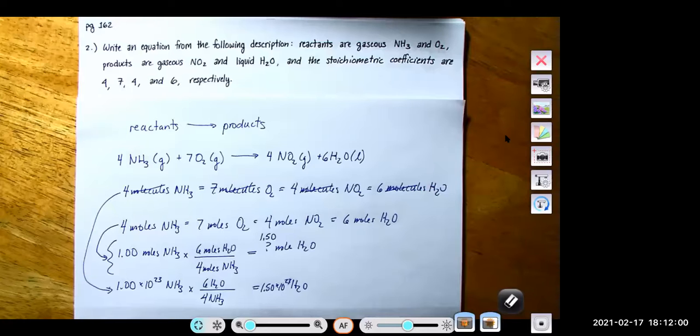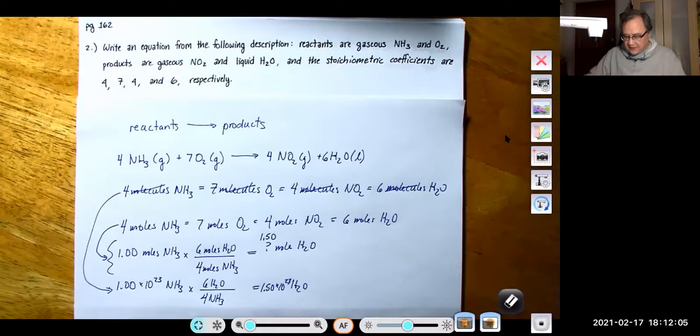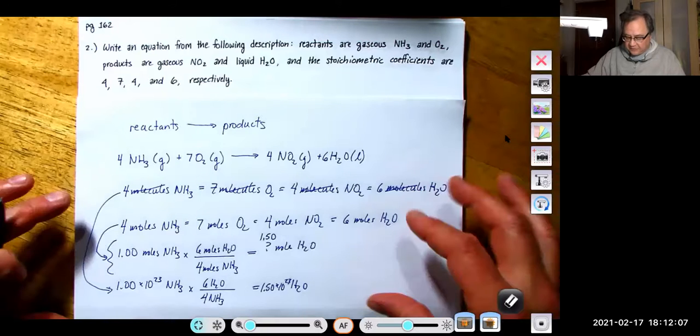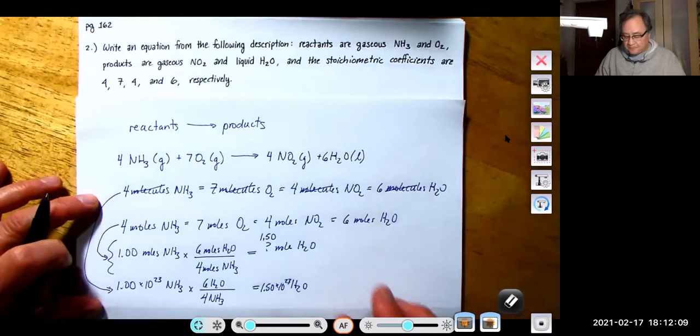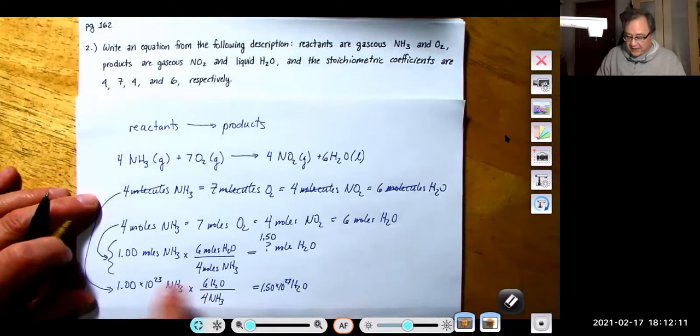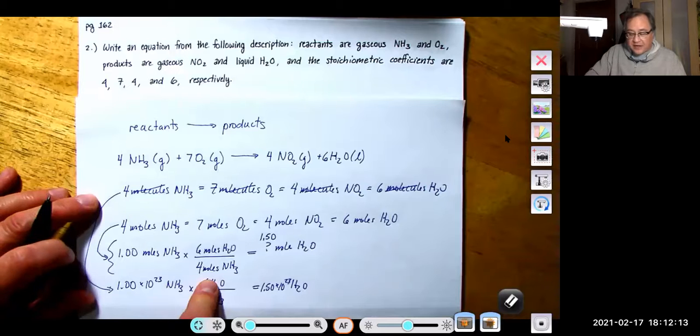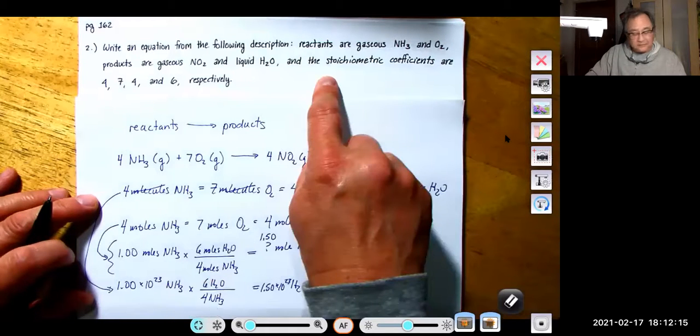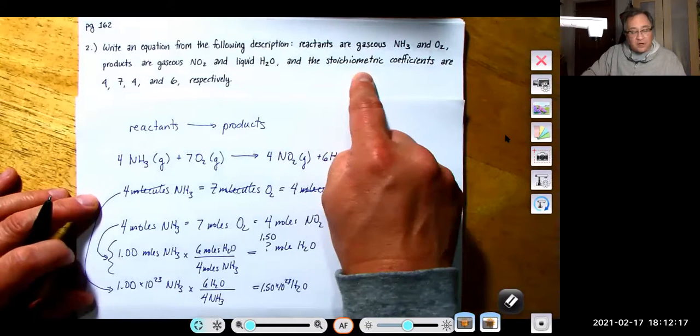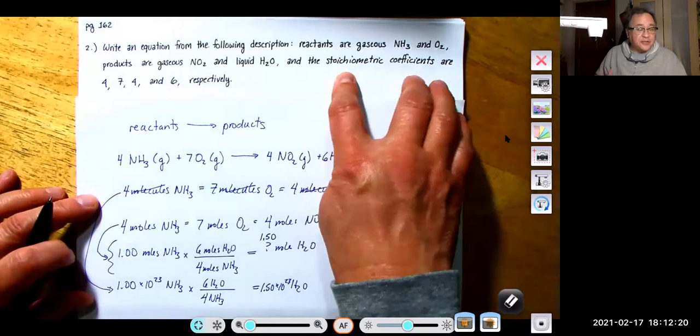And then, well, I guess you could use both, they're both for quantity. Yeah, but you can use them both. These are just very simple ways of using the coefficients. And when you use the coefficients this way, we actually call that stoichiometry. So when we say stoichiometric coefficients, it means, hey, we can use them to convert.